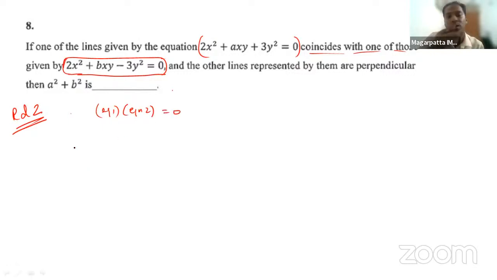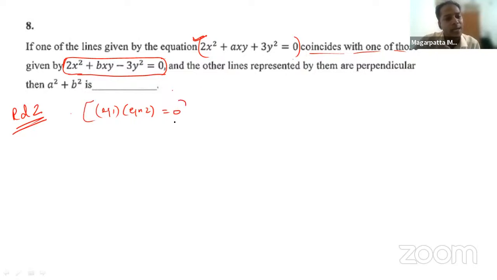Okay, so that is why you see a quadratic and they're saying that this represents a set of straight lines.